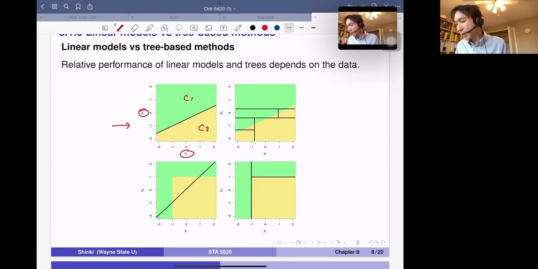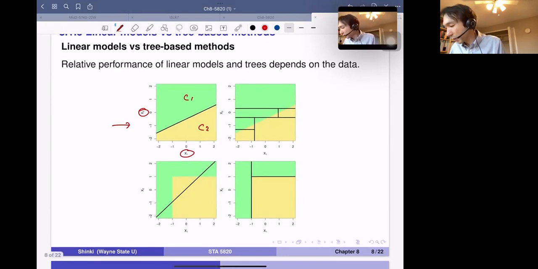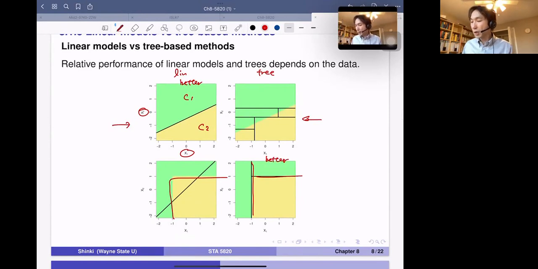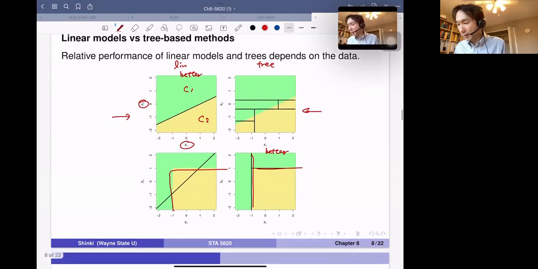If the truth is this, of course the linear boundary works better, while the tree method has to build a complicated classification. But if the true boundary is like this, then certainly the tree works better. So it depends on the truth which is better, linear or tree methods.